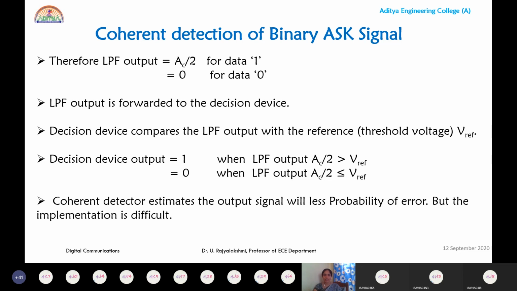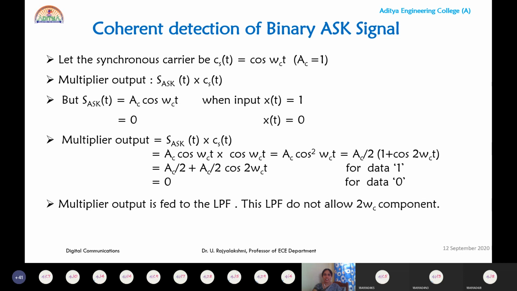Instead of AC by 2, you will get... Actually here we assumed the carrier as cos omega ct considering AC as 1 volt. If AC is not equal to 1 volt, take it as AC cos omega ct, then what is the multiplier output? Any one of you?